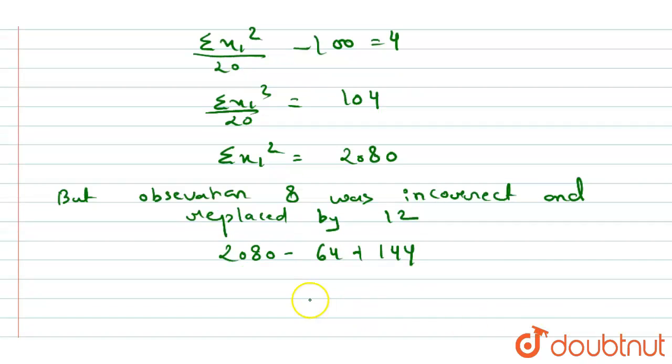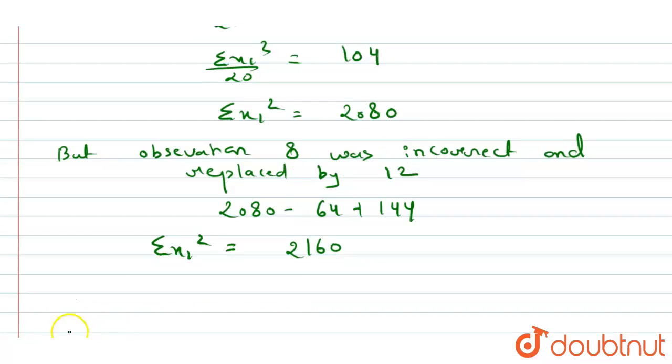When we solve this, we will get 2160. This is the new value of summation of xi square.